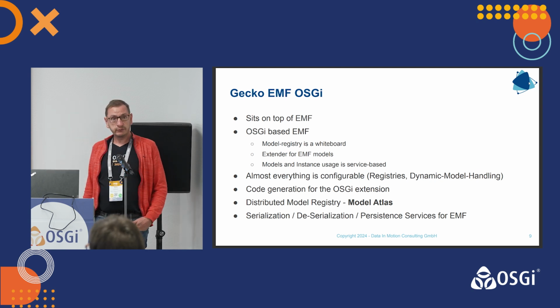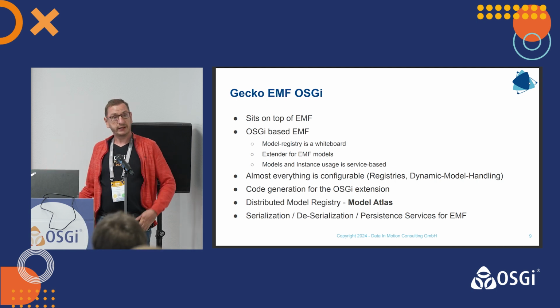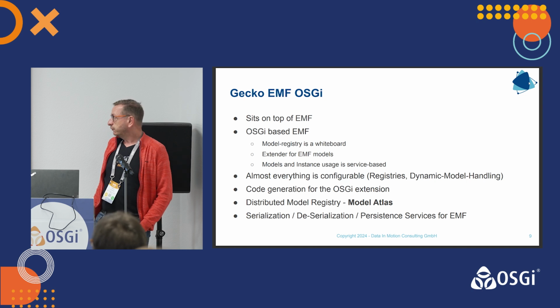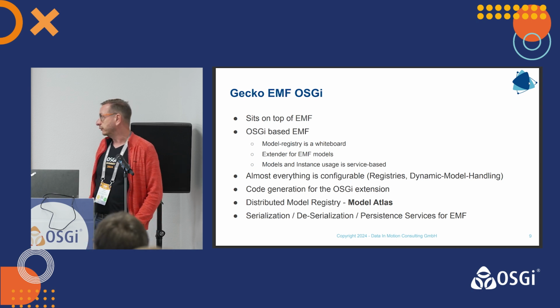In addition to that, EMF already contains a code generation component. We have our own code generation component. We extended the default one to generate the OSGi-related code. That means we create some components and conditions.